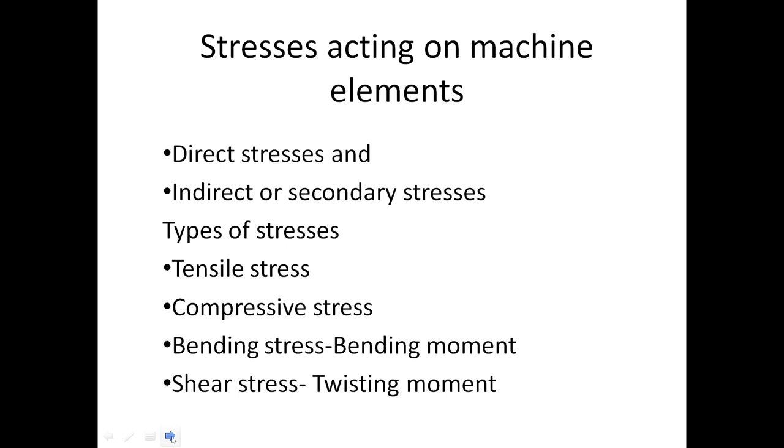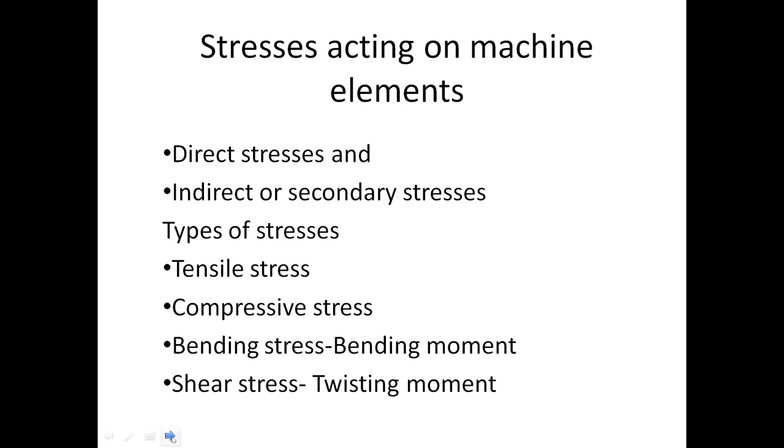The tensile and compressive stresses are induced on the machine element because of the tensile force and compressive force acting on them. Whenever the force is pointed away from the cross-sectional area, such stresses are identified as tensile stress, and the compressive stress is identified as the force is pointed towards the cross-sectional area.